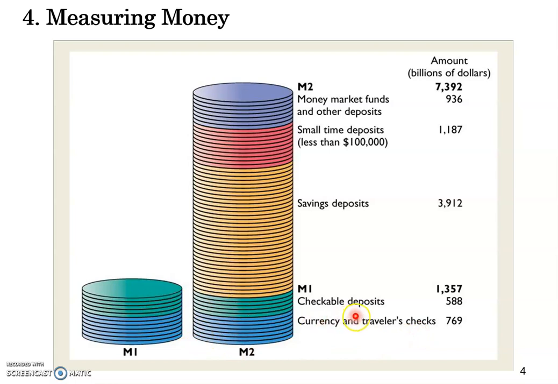And M1 also includes the checkable deposit. That simply means the money you put into your checking account. Okay. And M2 here is broader because it covers everything in M1 plus your saving deposit, small time deposit, and money market funds and other deposits. Okay.